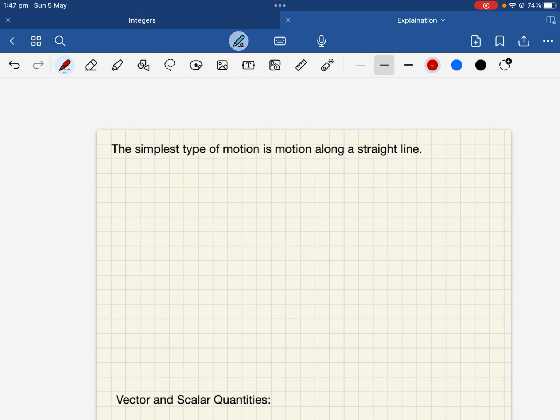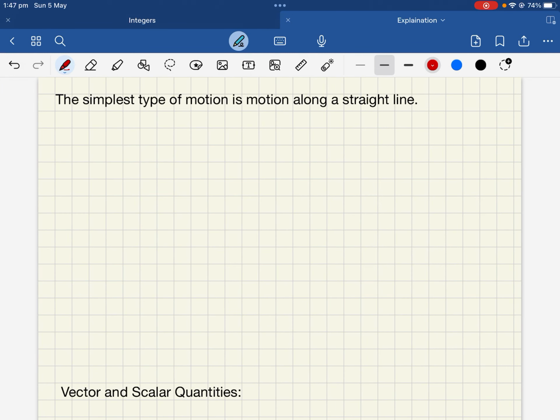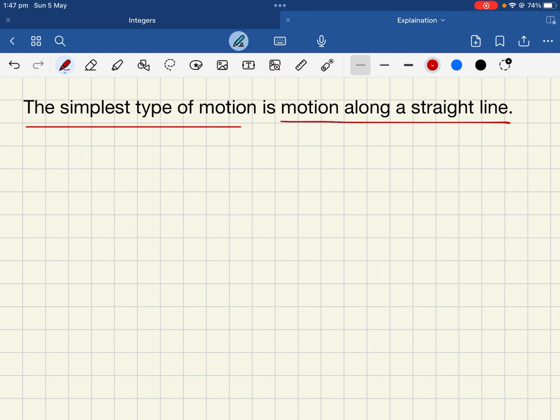Next, moving on, we have motion along a straight line. It is written here that the simplest type of motion is motion along a straight line. Now, what is motion along a straight line? We shall first learn to describe this by an example. Let us take a car.